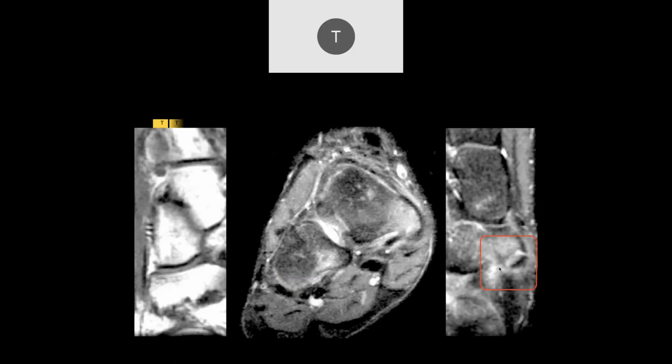Here's the coronal plane, a lot of edema. Here's the cortex, and this was actually an avulsion fracture. Maybe it was a small type 3, but here you can see the cortex of the parent bone going around it. Maybe it's a little type 3 with an avulsion fracture.